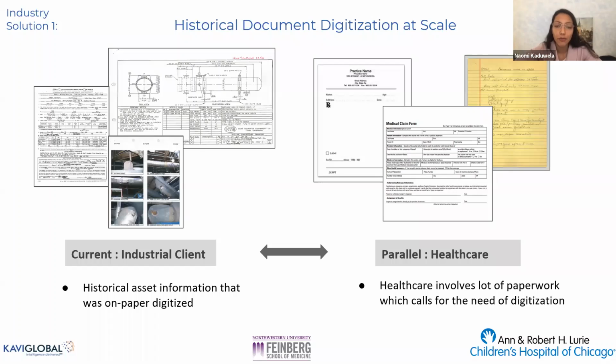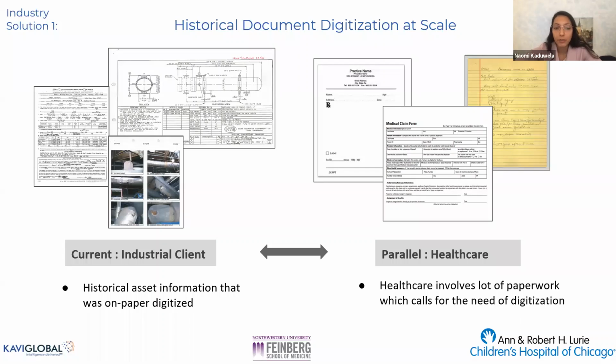All these several millions of pages across different locations were analog documents, not stored in any grouping, not classified, and basically not accessible to the operational personnel or the decision makers that need to be working on those assets in a timely manner.